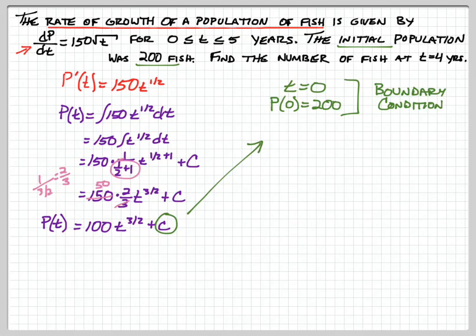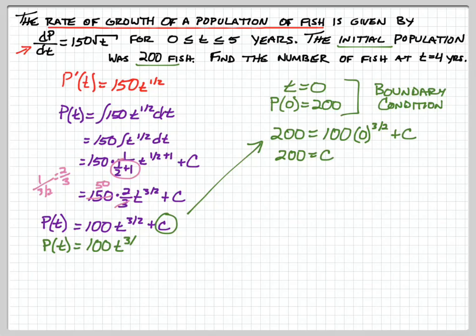So we're going to have 200 equals 100 times 0 to the 3/2 power plus c. Do some basic simplification, and we get c equals 200. So now our new parent function is 100t to the 3/2 power plus 200. Now this is specific to this fish population. It's got the boundary conditions of this fish population.